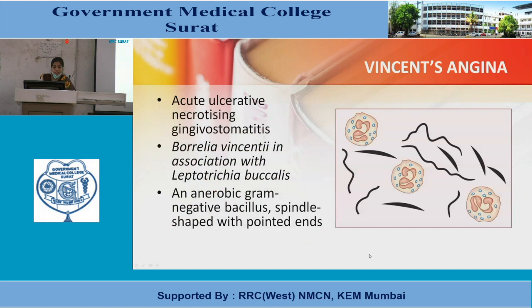Then Vincent angina, which is acute ulcerative necrotizing gingivostomatitis. Borrelia vincentii is associated with Leptotrichia buccalis and anaerobic gram-negative bacilli, spindle shaped with pointed ends. We can see them over here. Okay.